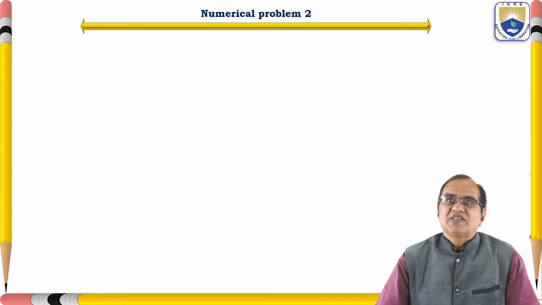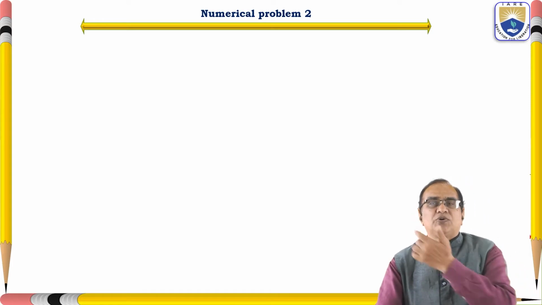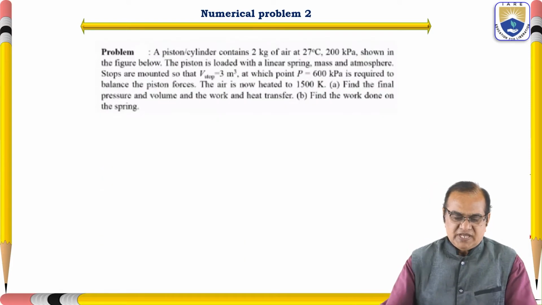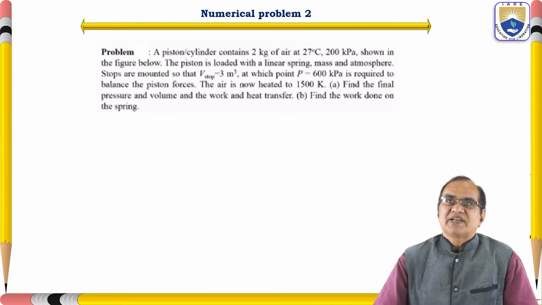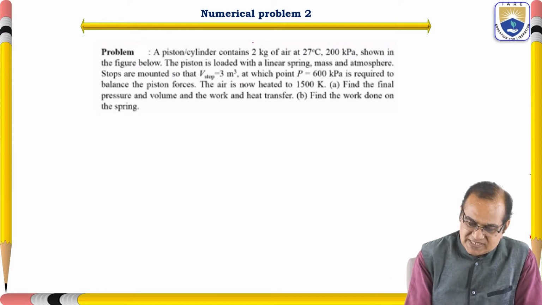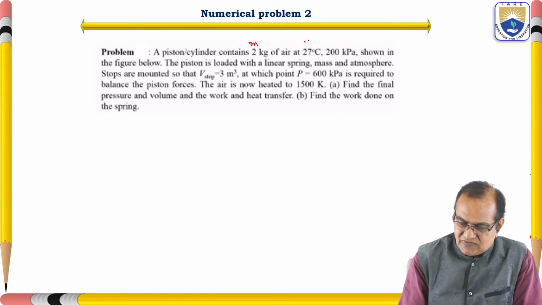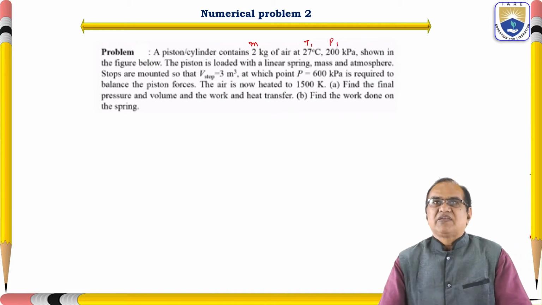Now I will go for problem number 2. I will just read it out. A piston cylinder contains 2 kg of air at 27 degrees centigrade, 200 kilopascal. So here the mass is given, T1 is given, and P1 is given.